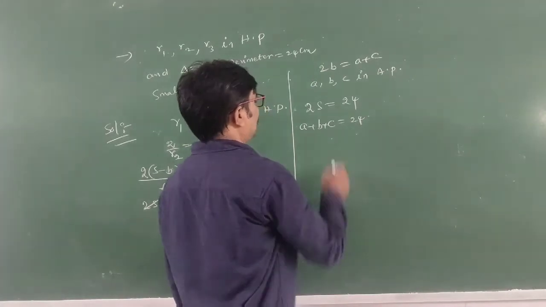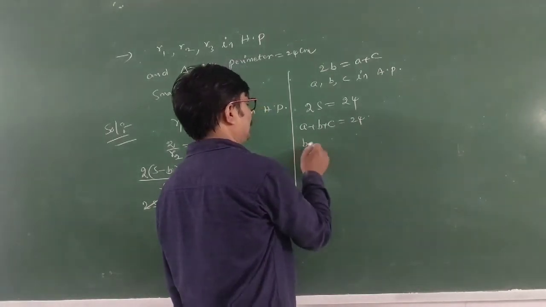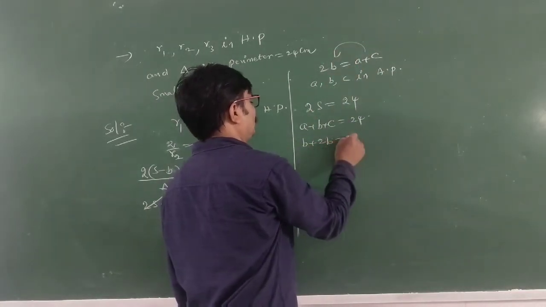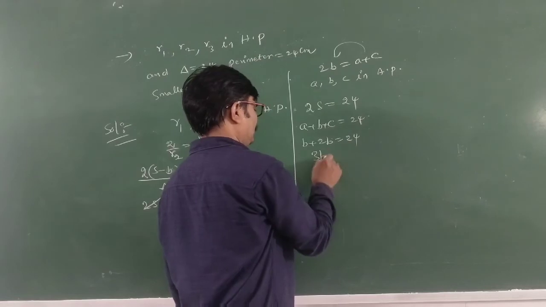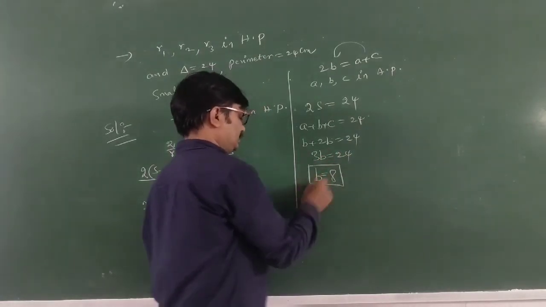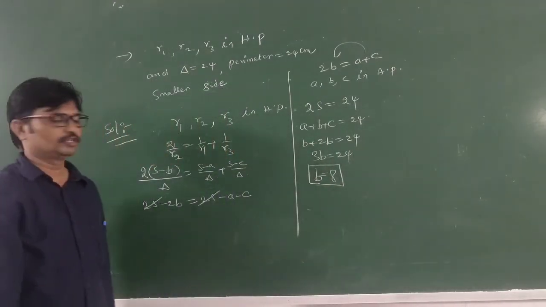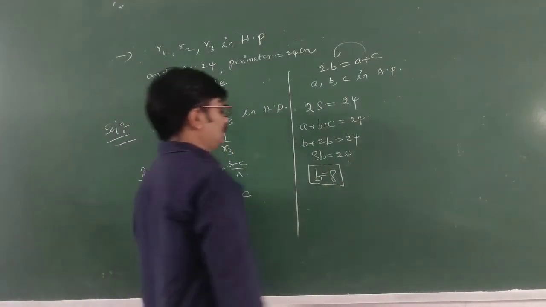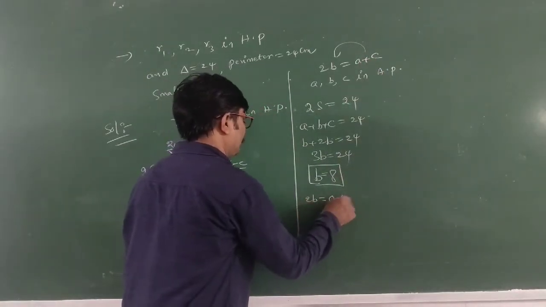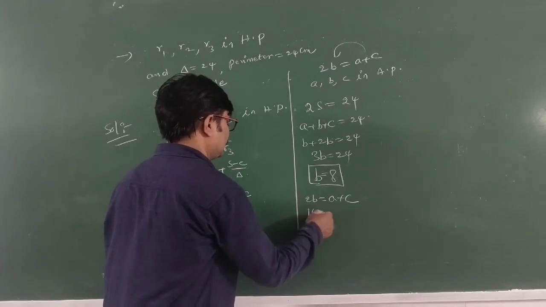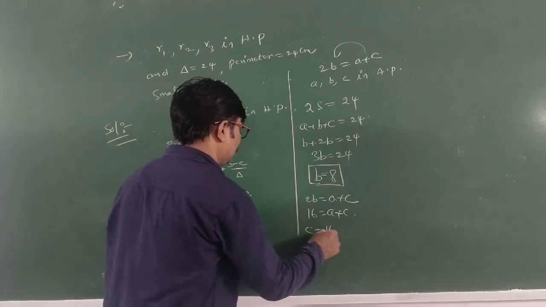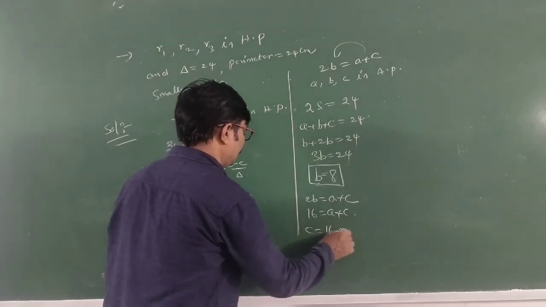Dear students, A plus C is 2B. 2B plus B, 3B equal to 24. B is 8. When you got this 8, undoubtedly 2B equal to A plus C is there. This is 16, A plus C. So students, C is 16 minus A.